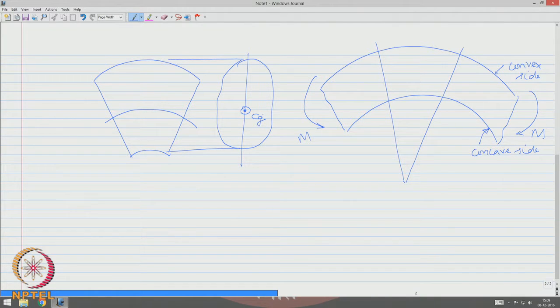It is seen from the literature that the stress variation is non-linear across the cross section. So, the typical stress variation is hyperbolic.